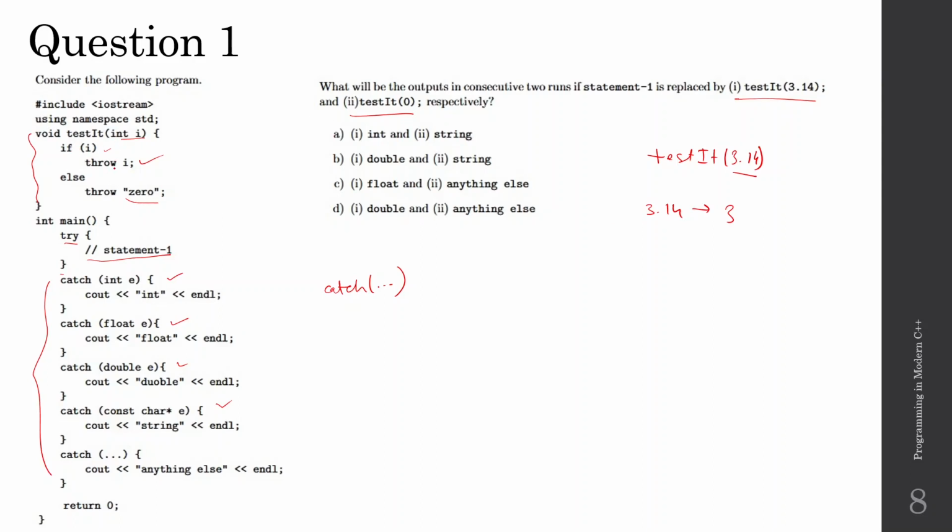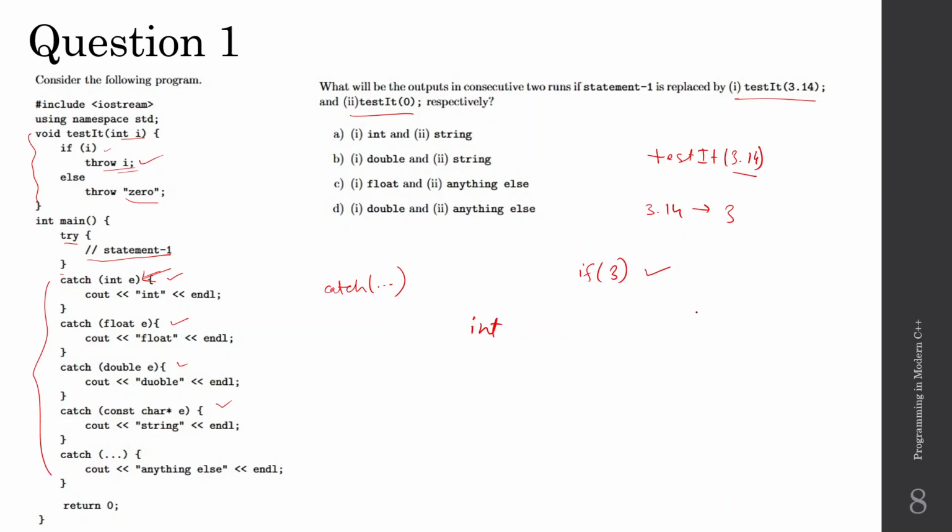Now 3 is not 0, so the throw I block will be called. As you know, if 3 will evaluate as true. So the throw I block will be called, and since I is an integer, an integer object will be thrown. Now in the order of the catch blocks, you can see that the integer catch block is the first one. So it will match with this one. So in the first case, int will be printed.